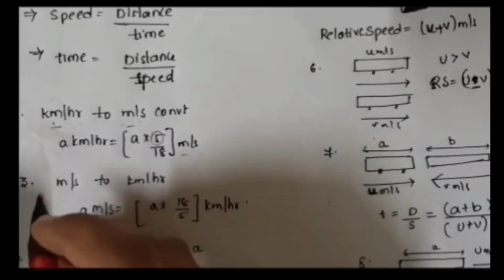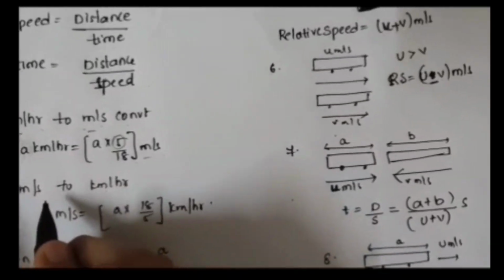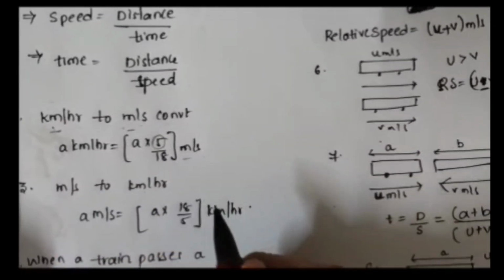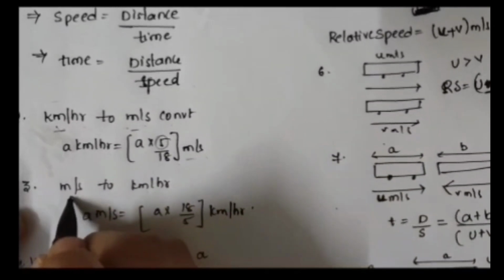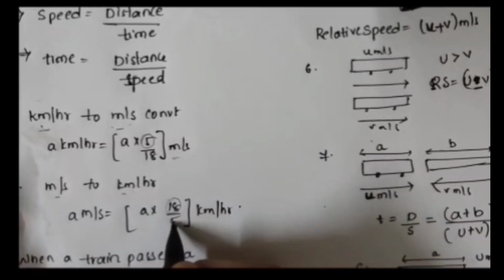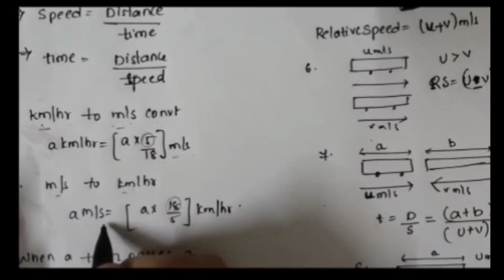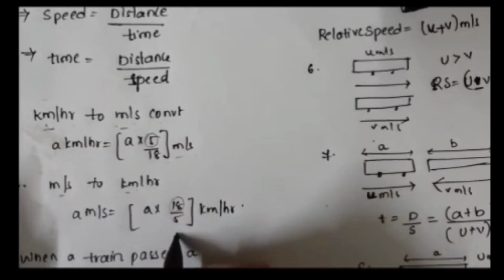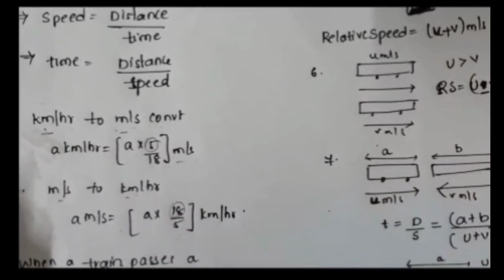If you are converting from small to large, meter per second to kilometer per hour, you multiply by 18 by 5. So a meter per second equals a into 18 by 5 kilometer per hour.